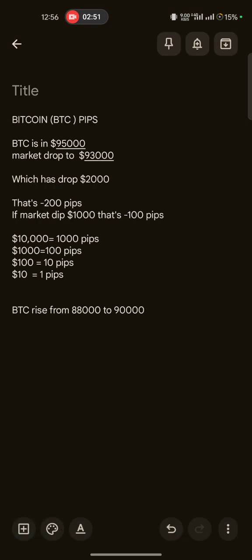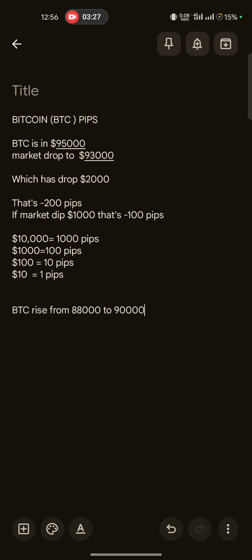So if we remove 88,000 from 90,000, which means BTC pumped $2,000. So if we remove a zero at the back of that 2,000, it will remain 200, which means BTC gave us 200 pips from 88,000 to 90,000.